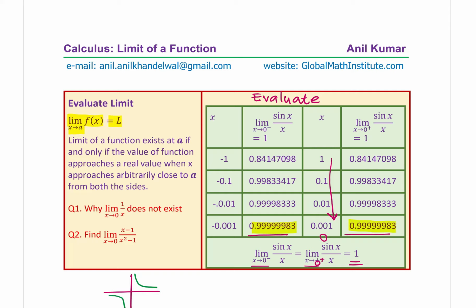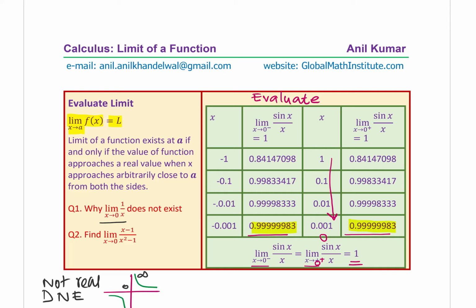What happens when you're approaching 0 from the left side and the right side? You approach minus infinity when approaching from the left side and plus infinity when you approach from the right side. And these values are not real. So the limit does not exist when x is approaching 0. That is how you could describe it.